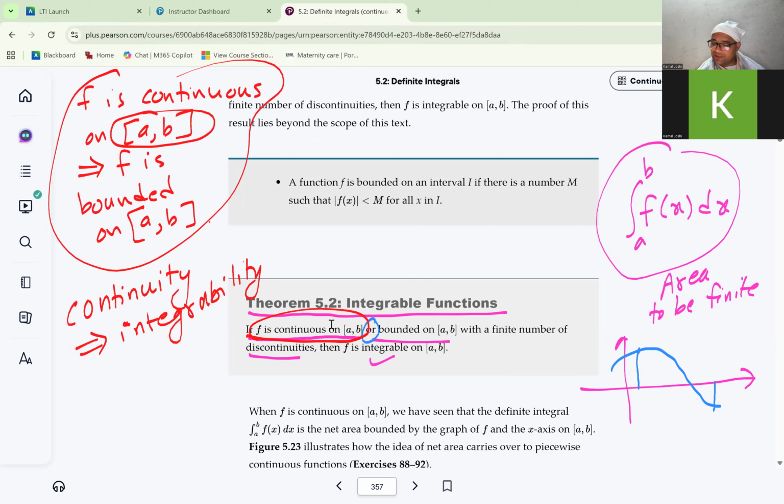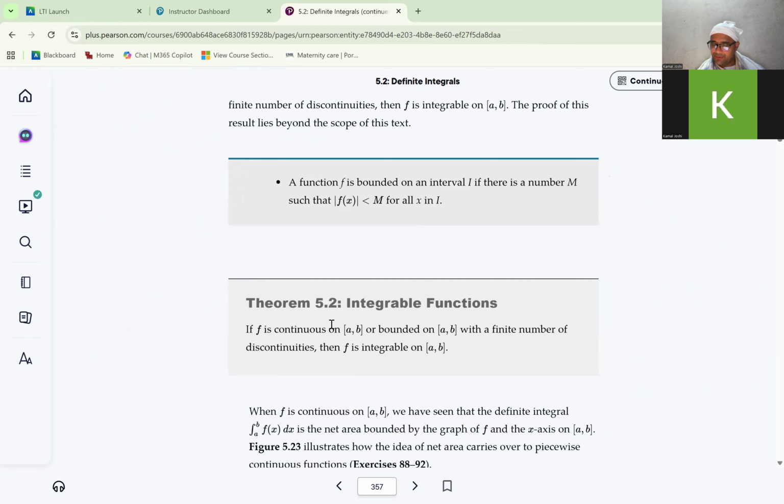The second part is actually giving you a more relaxed condition. Let me delete everything that I wrote so far. Please take note if you want to write anything. The second part now says bounded on [A, B].